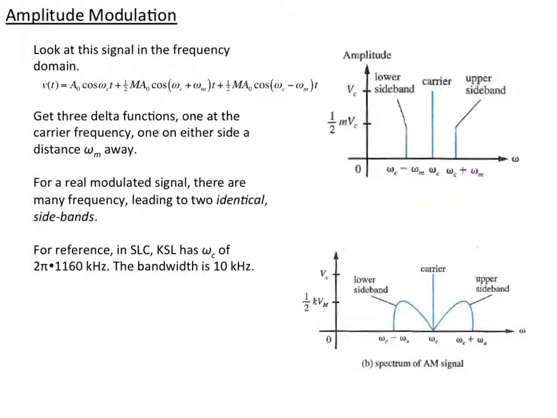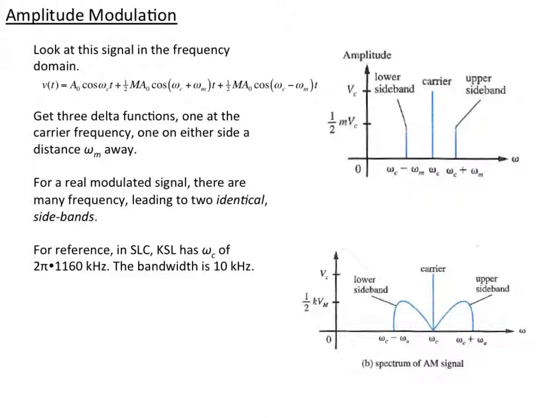So now when you have a real modulation frequency, say you're trying to send the human voice over a much higher frequency carrier, what you get is not a single delta function on the side, but a band on either side, which will be identical, an upper sideband and a lower sideband that contain all the frequencies that are in your modulated signal.